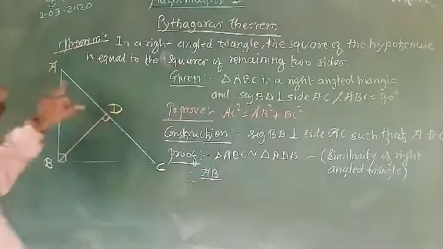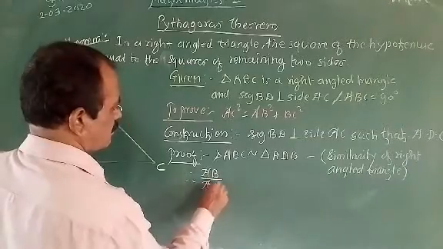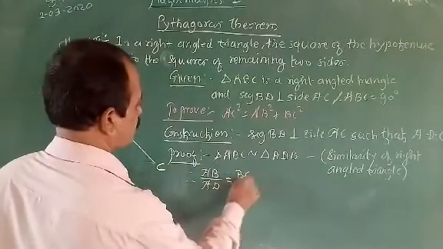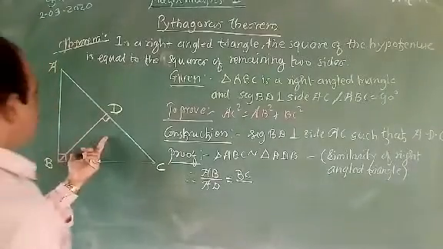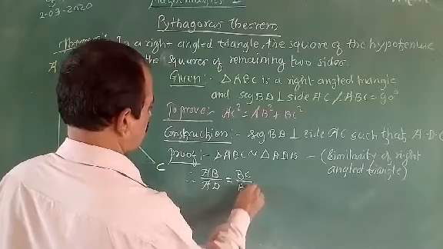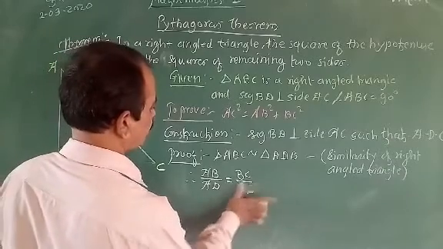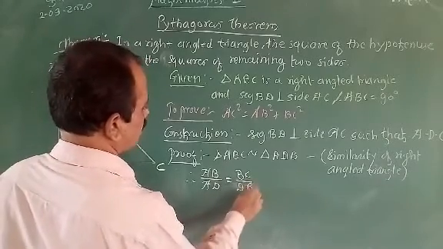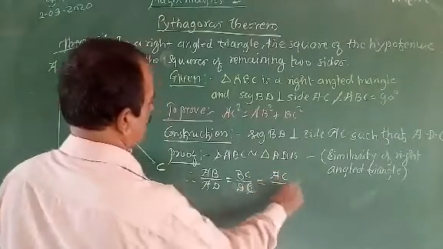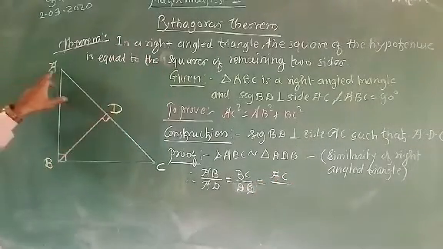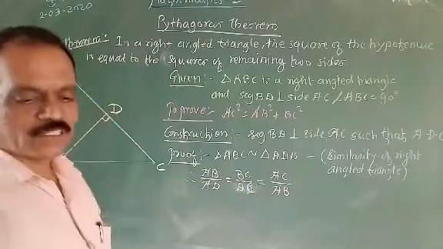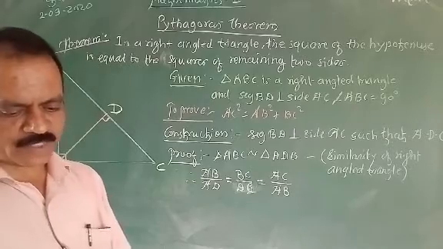AB upon AD is equal to BC upon DB, is equal to AC upon AB. This is the correspondence of the sides.